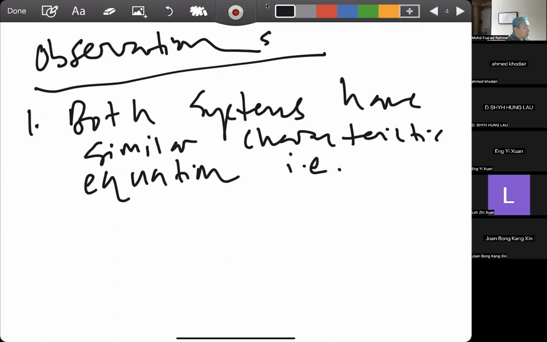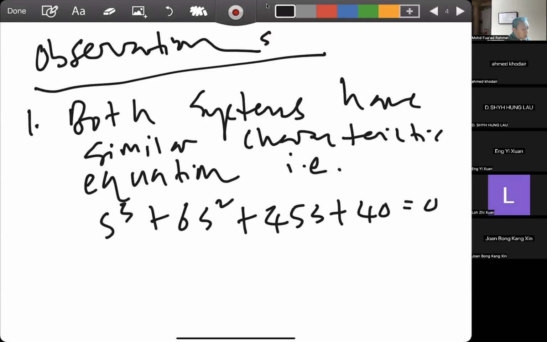I.e. S cubic plus 6S square plus 45S plus 40 equal to 0. So when you set the characteristic equation, it must equal to 0. And then what else?